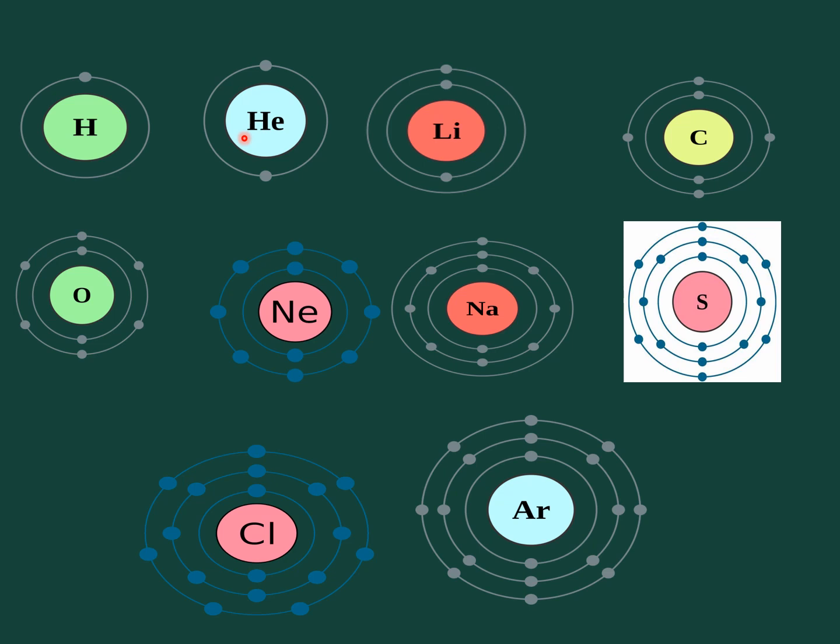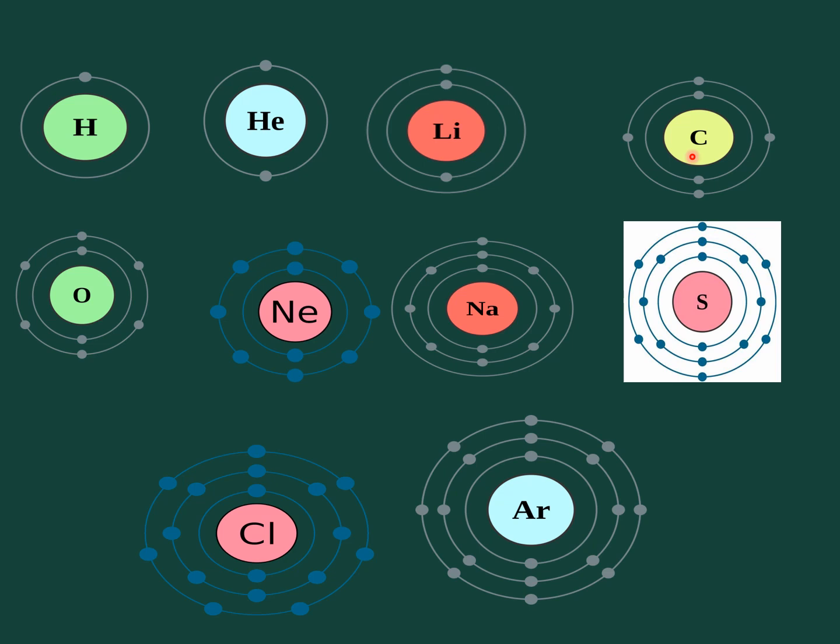The next atom in the periodic table, the third atom, is lithium. It has 3 electrons, 2 in the first orbit and the third electron in the second orbit. Next, carbon. Carbon is number 6 in the periodic table, so 6 electrons are present in carbon: 2 in the first orbit and 4 in the second orbit.